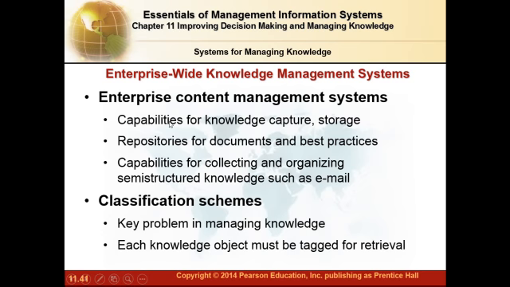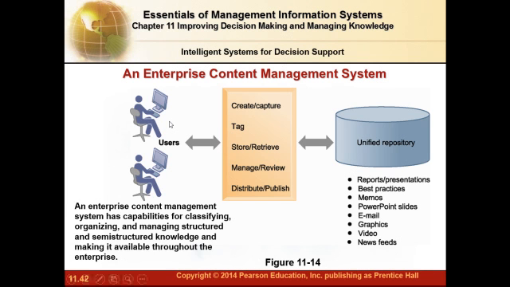This is about the document, and this is the figure. You can look at it by yourself. It illustrates the function of an enterprise content management system. Users interact with the system to input knowledge, and manage it and distribute it.